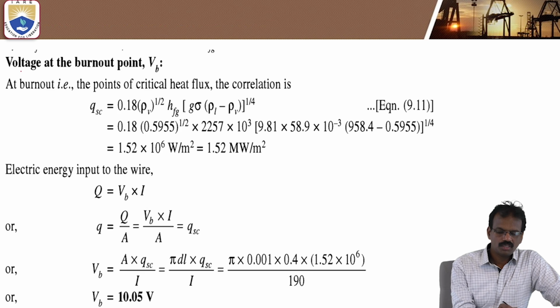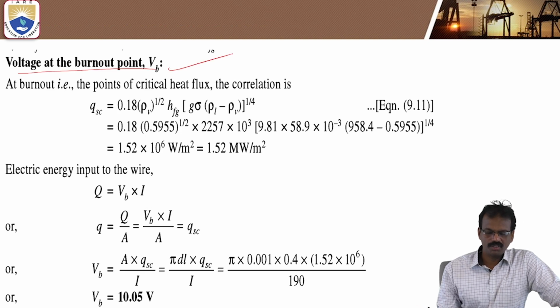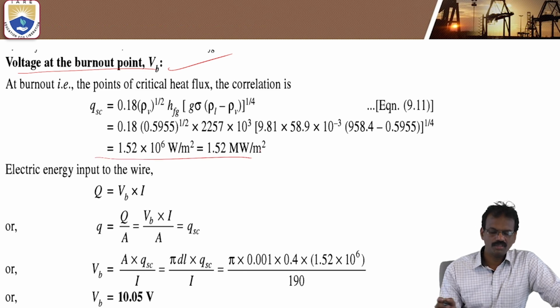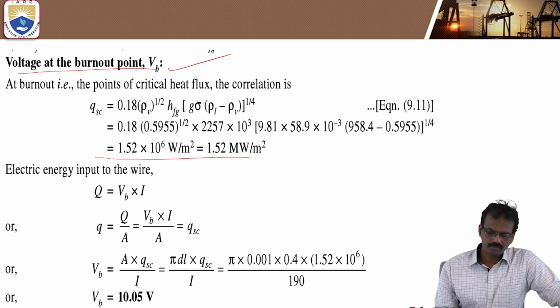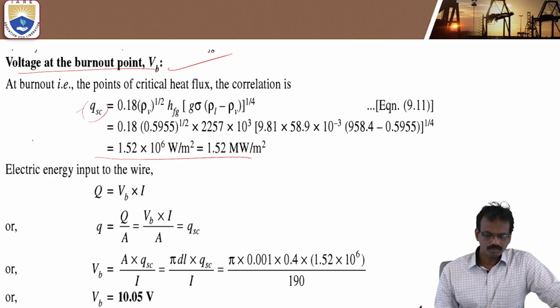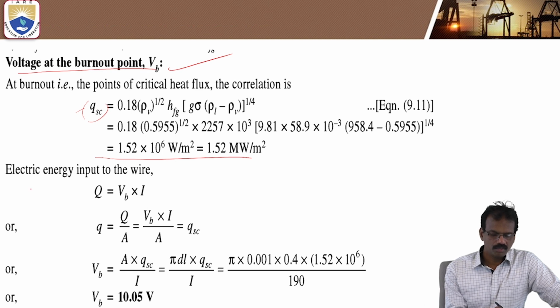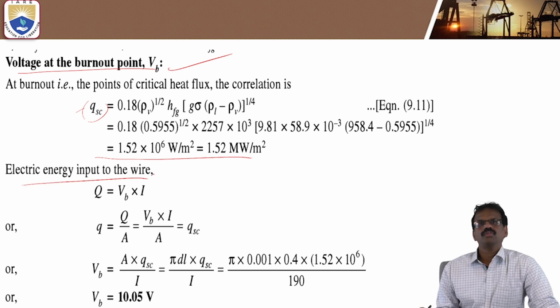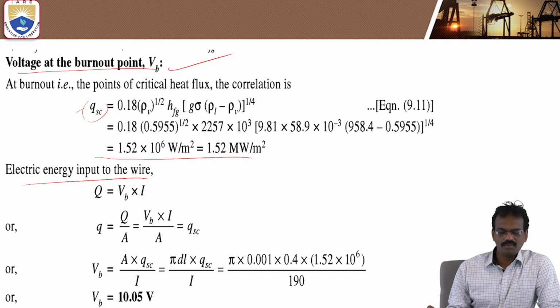Okay. Voltage at the burnout point, you have to find out voltage. So first of all, you have to find out the critical heat flux. So critical heat flux, by using that data, you can find out. Okay. Then voltage at a critical point, critical heat flux.